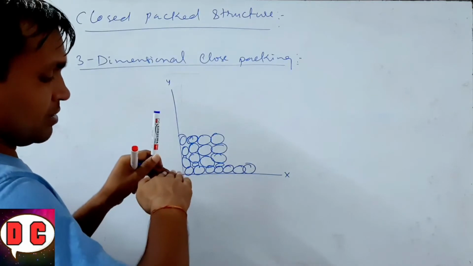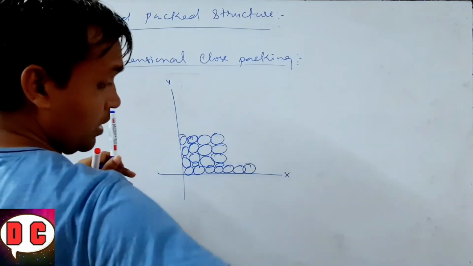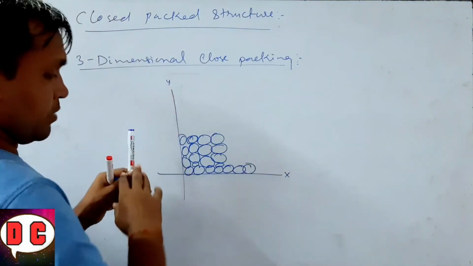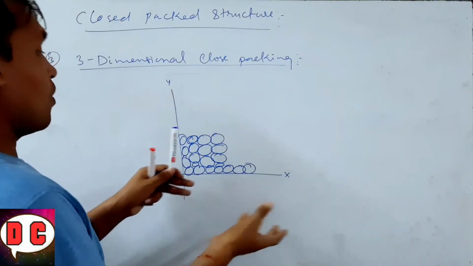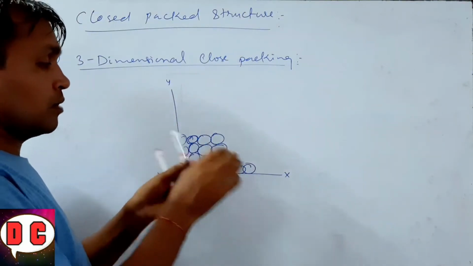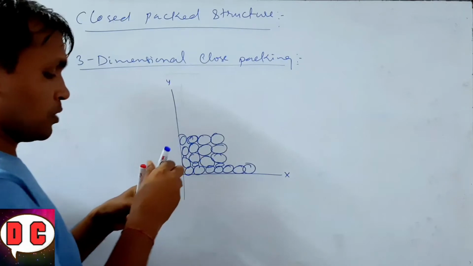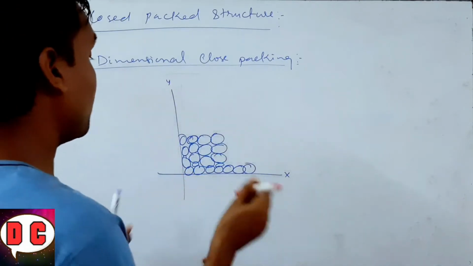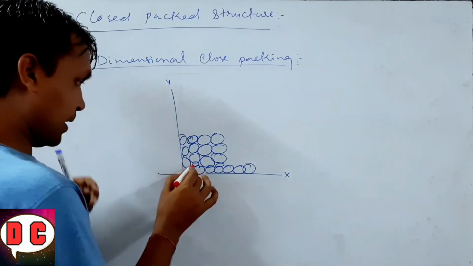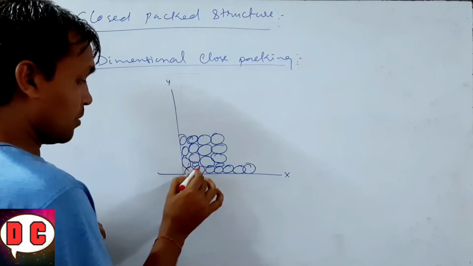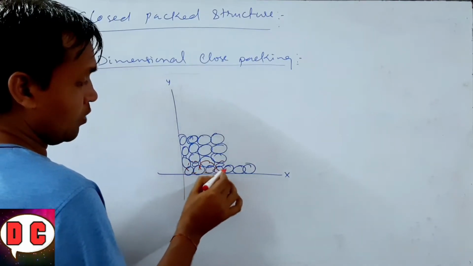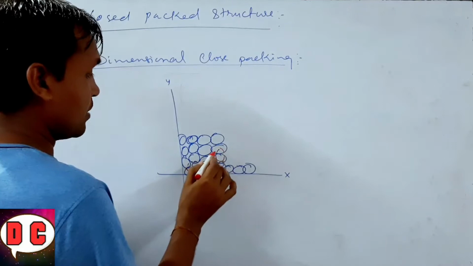If you imagine one in this direction and one in this direction, we have arranged it. Now over that arrangement again we are putting atoms. Suppose I am putting atoms again over these arrangements like this.